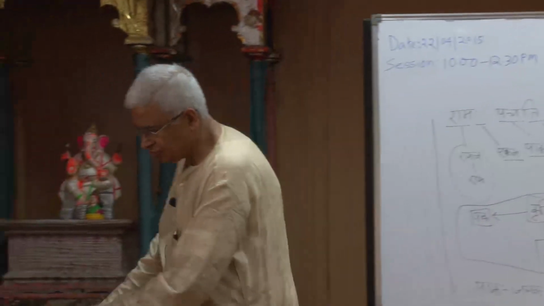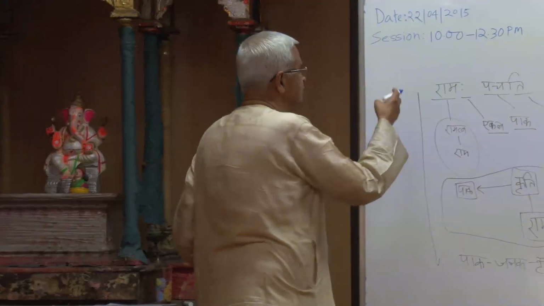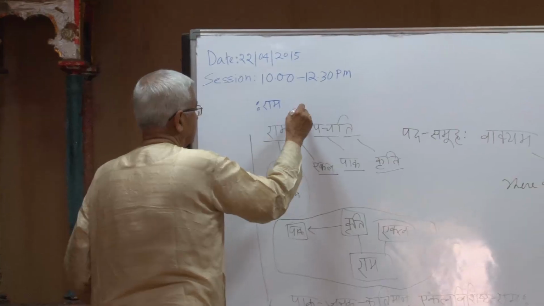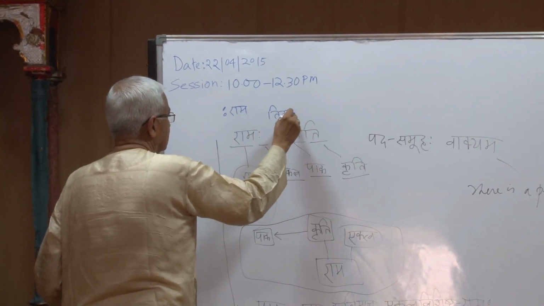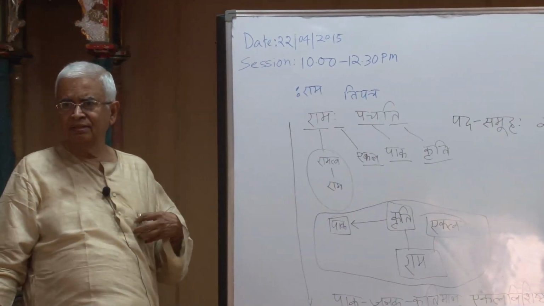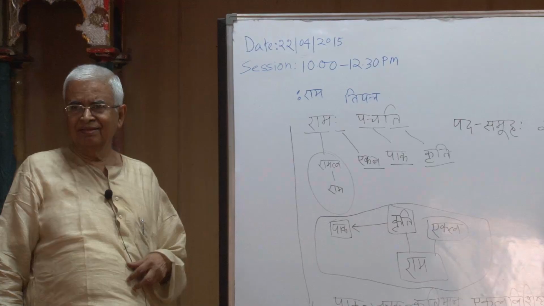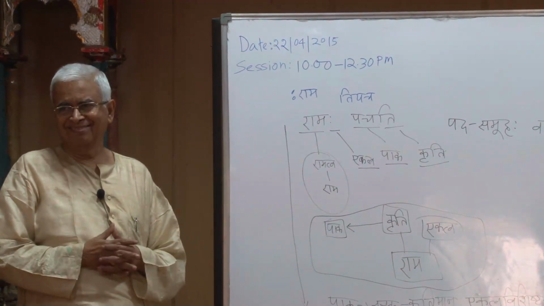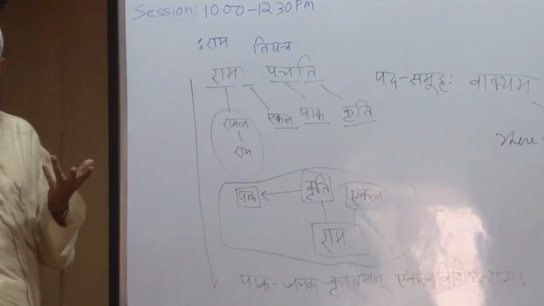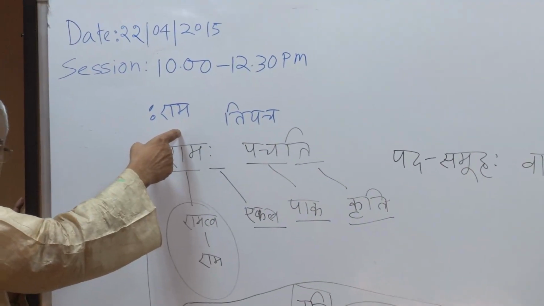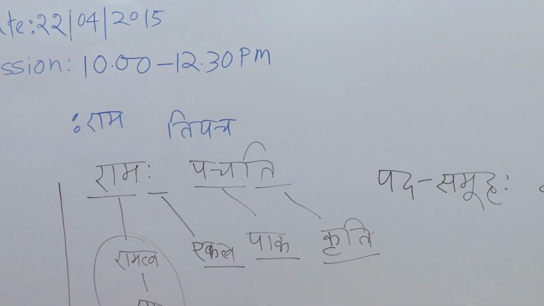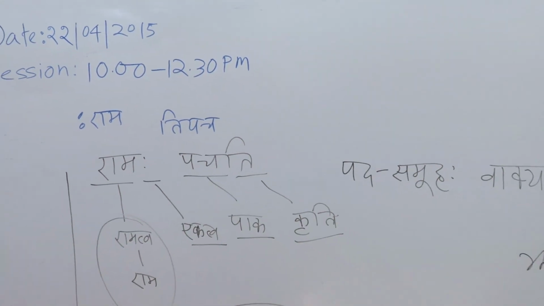Now, just for fun, suppose I write a sentence where all the padas are there, pada samuho vakyam. So, this is a pada, this is a pada. Here also this is a pada, this is a pada. I change that. Will it mean anything? Will it take me further?